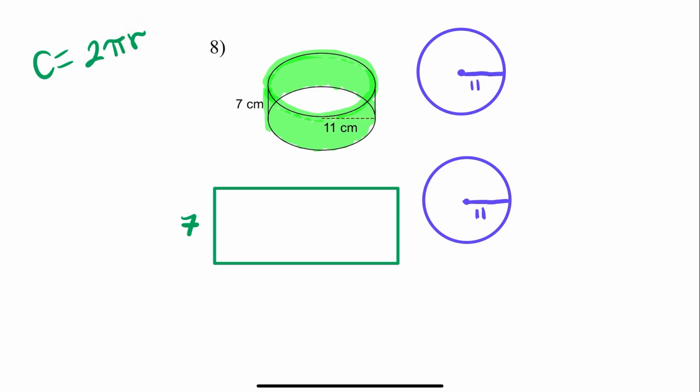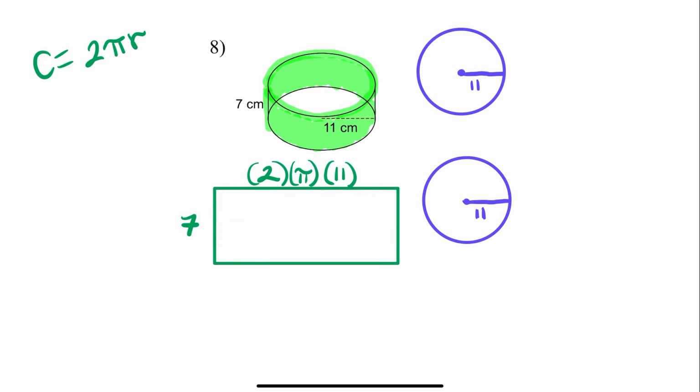R being radius. We have the radius, don't we? It is 11. So for now, I'm just going to write 2 pi, and then our radius is 11. That's where I'm getting that from. And then I'll have enough info to find that area right there.